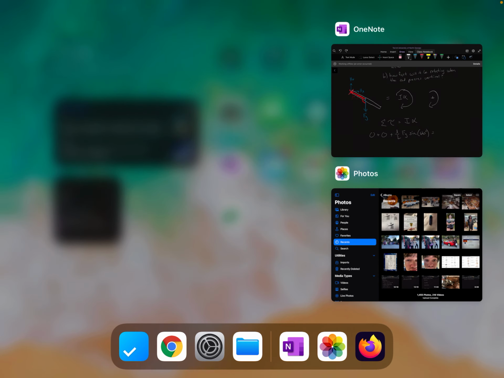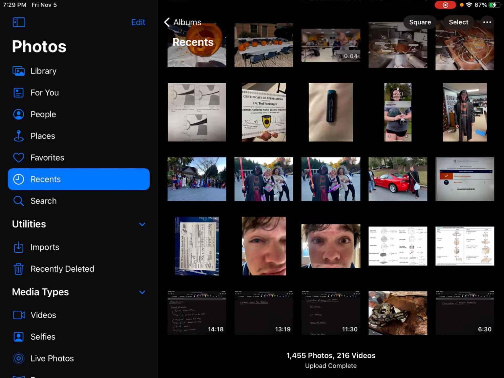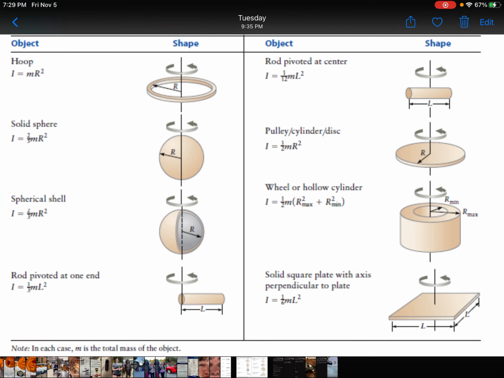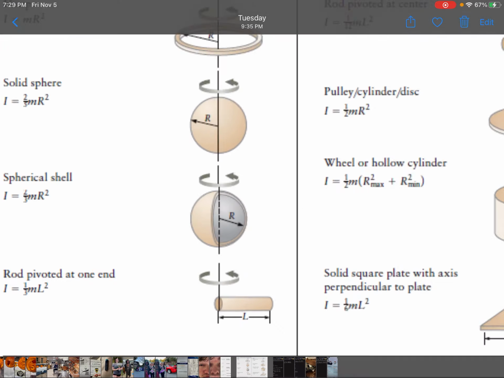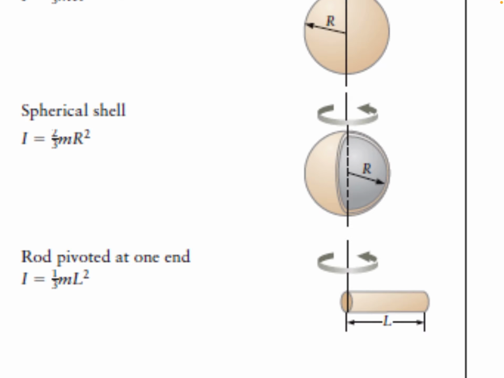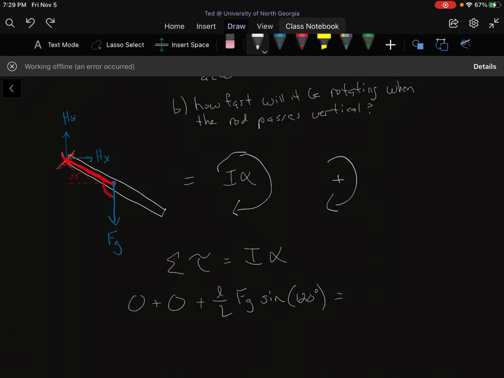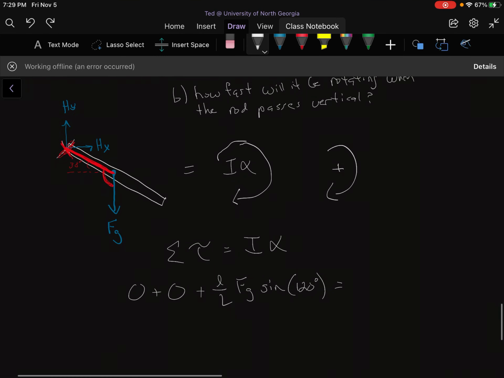So for a rod pivoting at one end, the formula should be 1/3 ml squared. All right, so my moment of inertia is 1/3 ml squared times alpha.